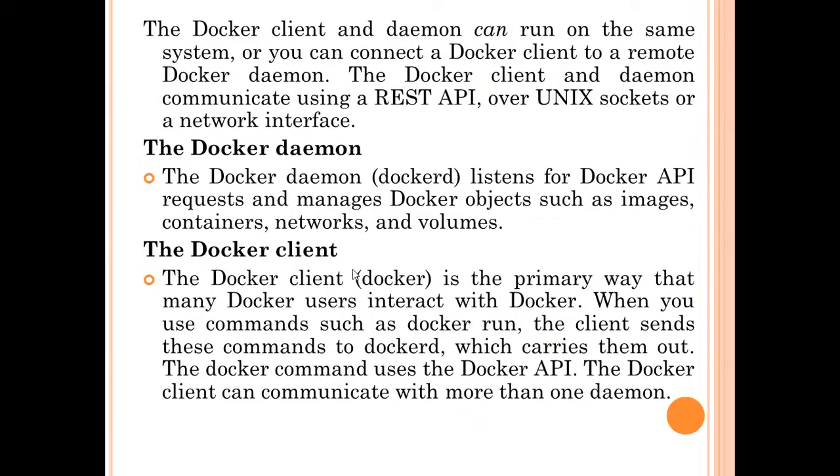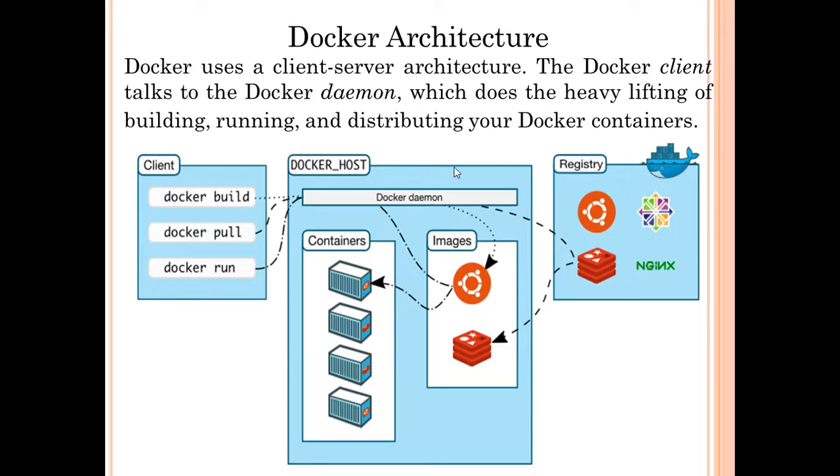Now, if it is not present, what will happen? It will check the registry, pull that image from the registry, and then start running it. Okay? So if the image is present locally, done, it will directly execute it. If it is not present, it will have to pull it from the registry.